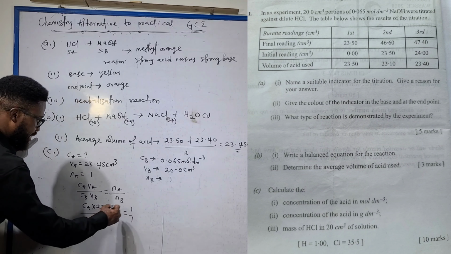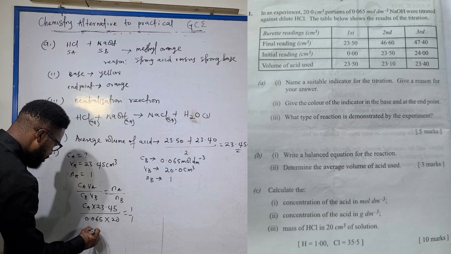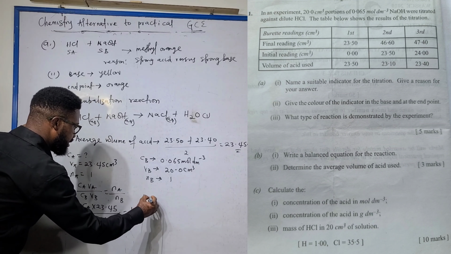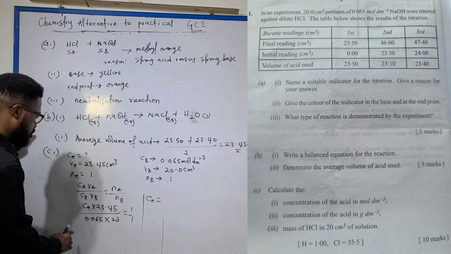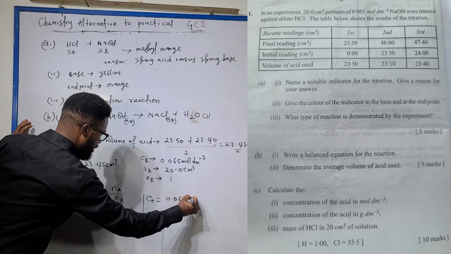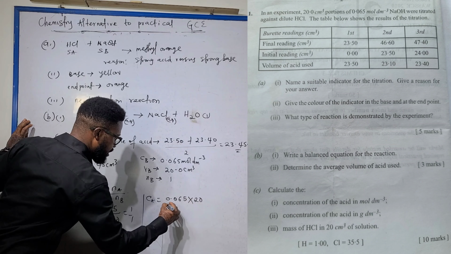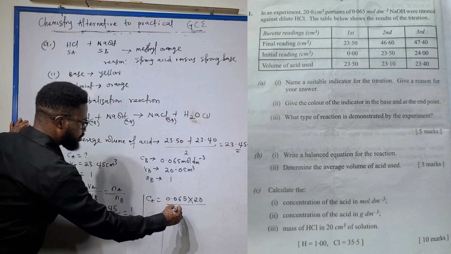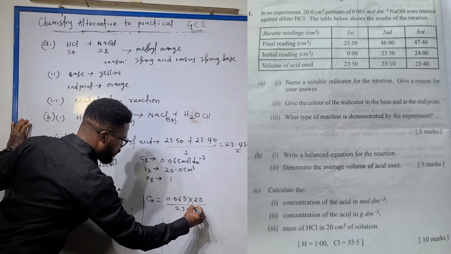So my Ca equals 0.065 times 20, all divided by 23.45.